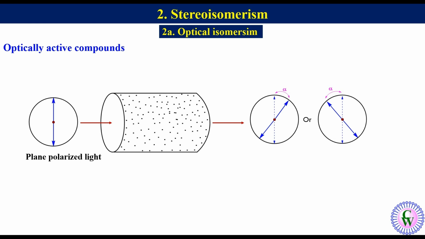The compounds which rotate the plane of plane polarized light towards the right are called dextrorotatory, and those which rotate the plane of plane polarized light towards the left are called levorotatory. Dextrorotatory is indicated by a plus sign or a small d, while levorotatory by a minus sign or small l.